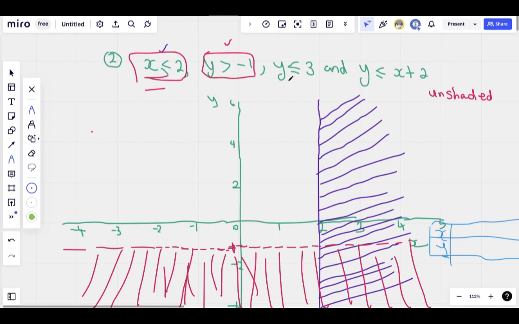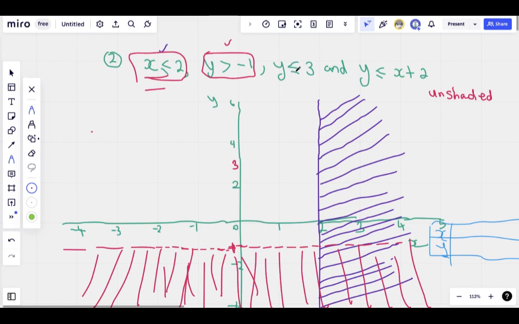Now it's time to do the third one. The third one is still y. Since it's y, we simply come to the y-axis and look for 3. 3 is here, between 2 and 4. So we're going to draw a solid line. Why a solid line?